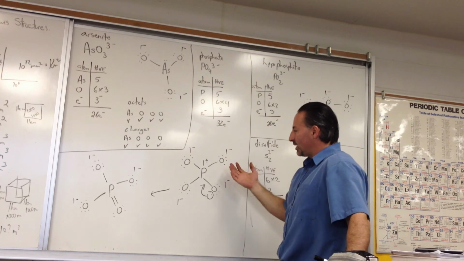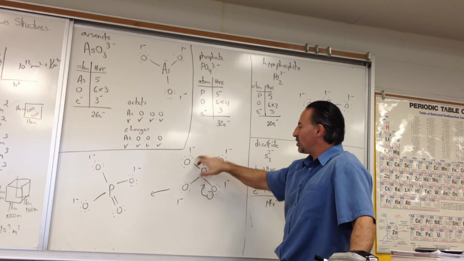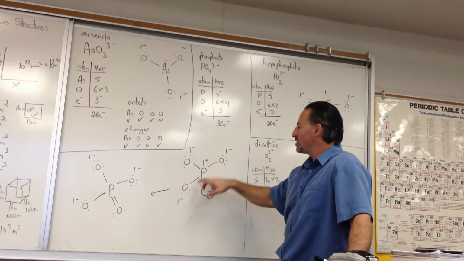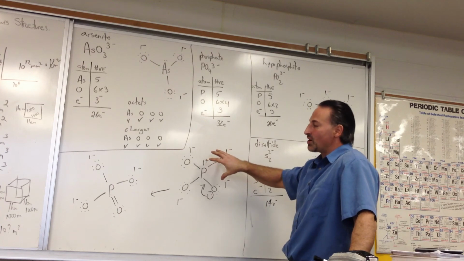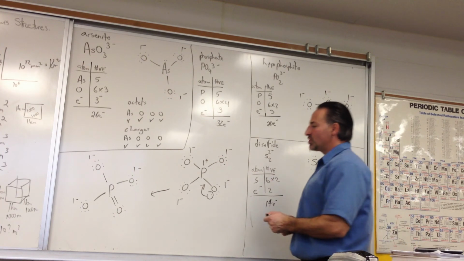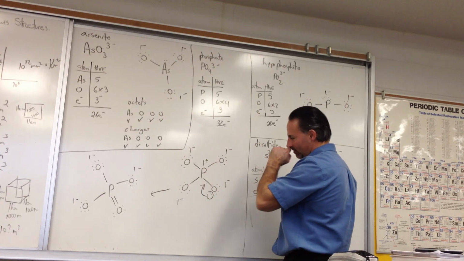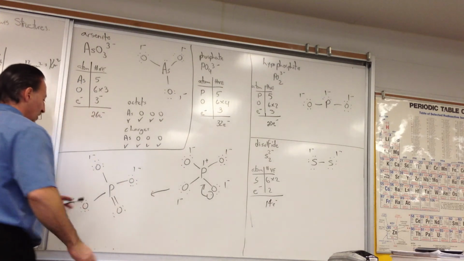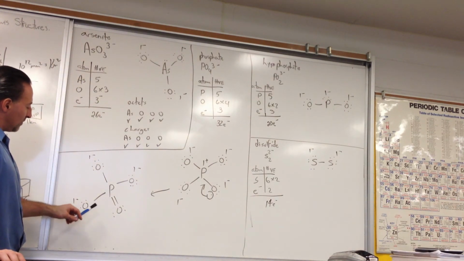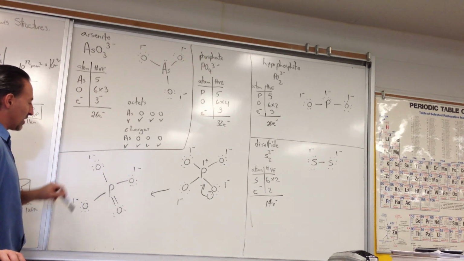We know that all the octets are fulfilled, but when we look at the formal charges, we see that each oxygen ends up having a -1 charge, and the phosphorus ends up having a +1 charge. So that's 5 formal charges within one molecule. If we just move one lone pair so that it forms a double bond between phosphorus and oxygen, we now have this modification of the Lewis structure where that oxygen atom has no formal charge, neither does phosphorus, and the other 3 do have a -1 charge.